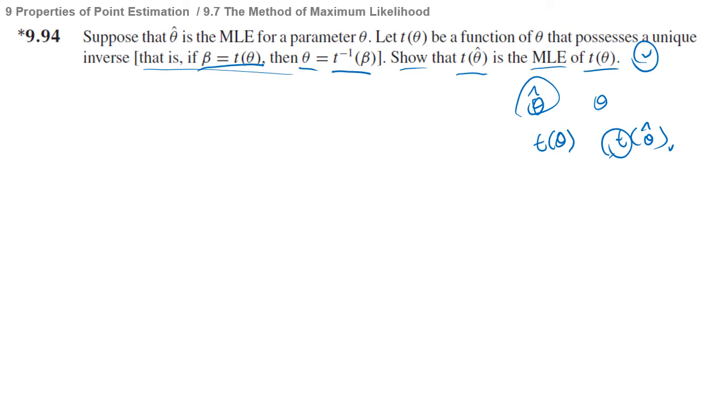Okay, let's prove this exercise question. Since theta hat is the MLE, the likelihood of theta hat is always greater than or equal to L theta, because theta hat maximizes the likelihood function.